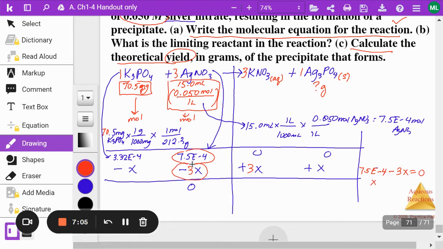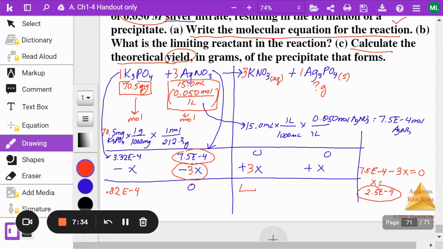Now I'm going to solve for X. X is equal to 2.5 E negative 4. If that's X, then this would be 3.32 E negative 4 minus 2.5 E negative 4, which is 0.82 E negative 4.